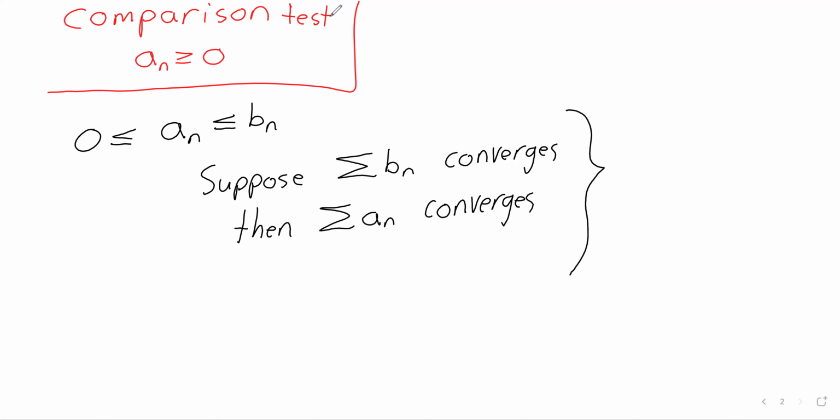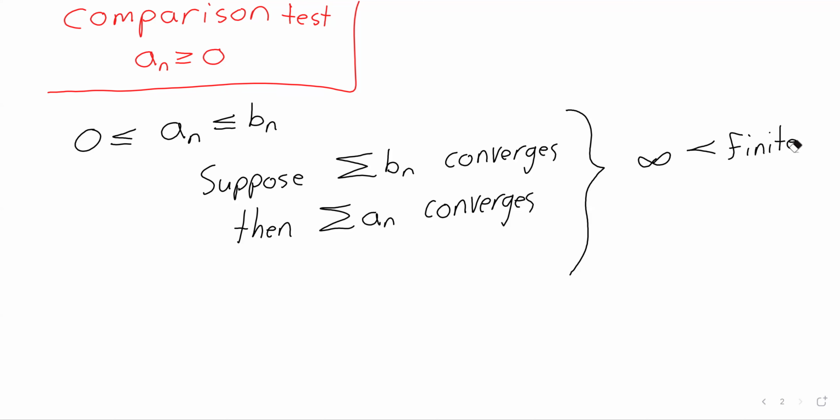But before I go further, let's just try to understand it. It doesn't always quite work, but the intuition we should have is that convergent series are finite and divergent series are infinite. So if b sub n converges, then b sub n is finite. And it wouldn't make any sense to have an infinite thing that is less than a finite thing.